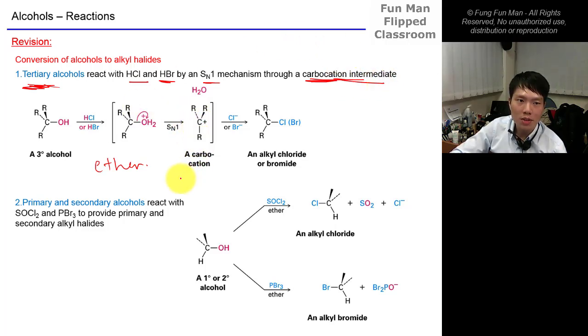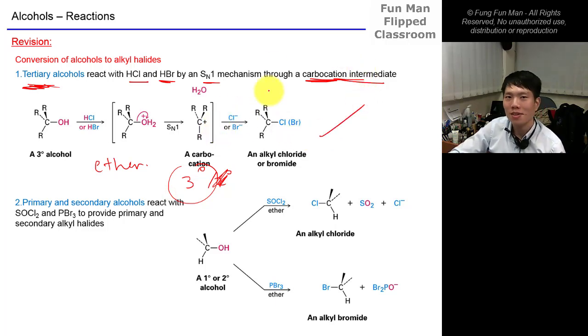You stabilize this by forming a tertiary, if not secondary, carbocation. Primary is no good. Tertiary is the best. Then your nucleophile goes in. Ta-da! Tertiary alkyl halide. For primary and secondary alcohols, they react with SOCl2, PBr3, PCl5. That's how you get the alkyl halide.